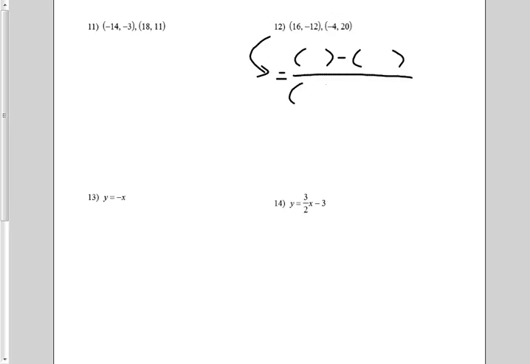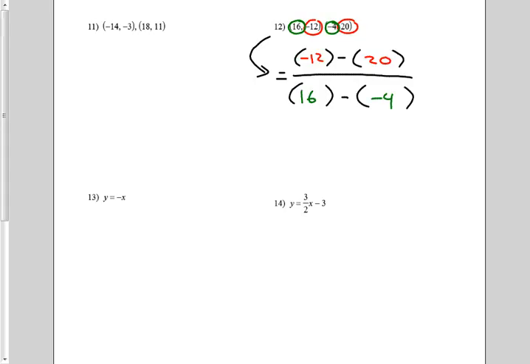So I'm actually going to show my substitution this time, and that way you can visually see what I'm really doing. So here's my y values, substituted in, y minus 1. Here's my x values, like so.